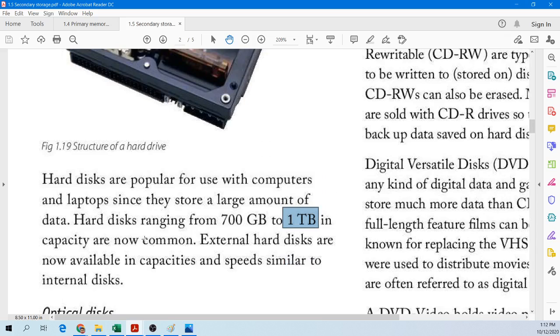Now, a hard drive can be internal, meaning you have it inside of your computer, but there are also external hard drives. It can plug into your computer, like if you're plugging in a flash drive, so that you can use it like a backup hard drive to store your data.